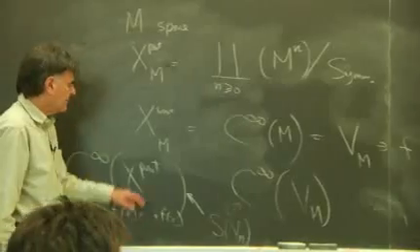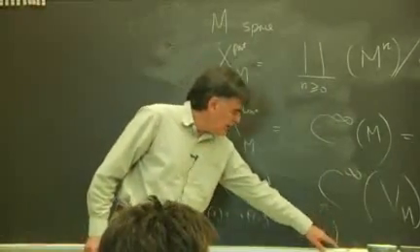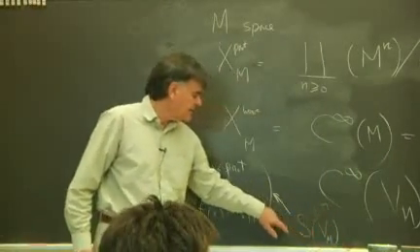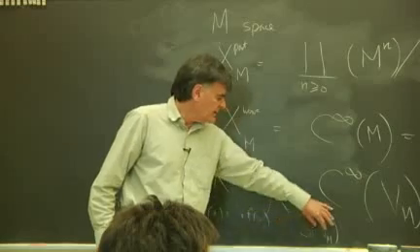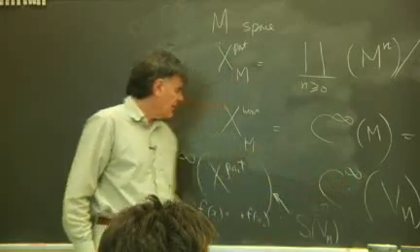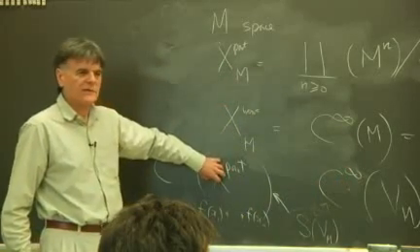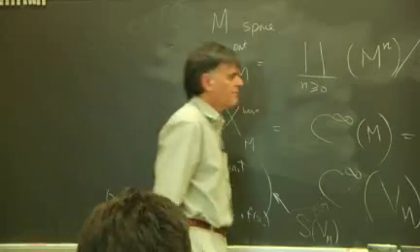Now, how does that help to give you a criterion that says in general that when we have the C infinity functions acting, it actually acts through this space so that we see particles?